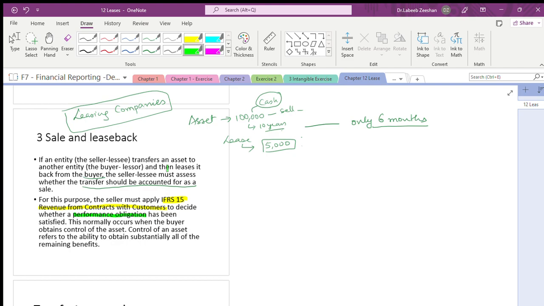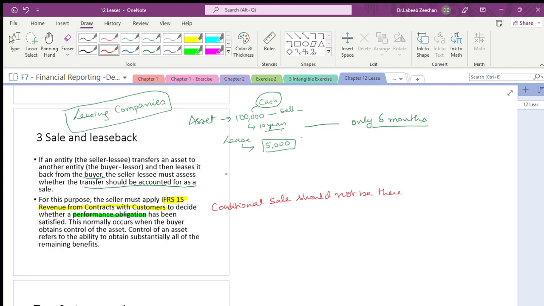This normally occurs when the buyer obtains control over the asset. If you are selling the asset, the ownership has to transfer. There should not be conditional transactions. I will write it here: a conditional sale should not be there.